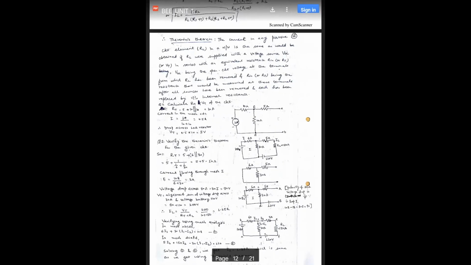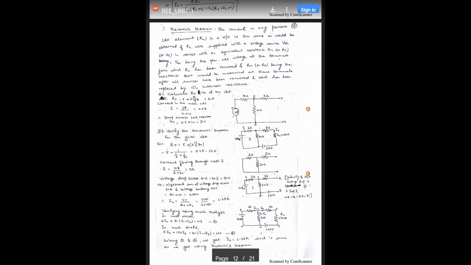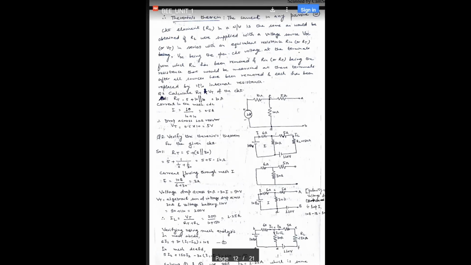Okay, so now we will define the Thevenin theorem in a more refined manner, and then I will also explain how you can do the same thing in a simpler manner as well.